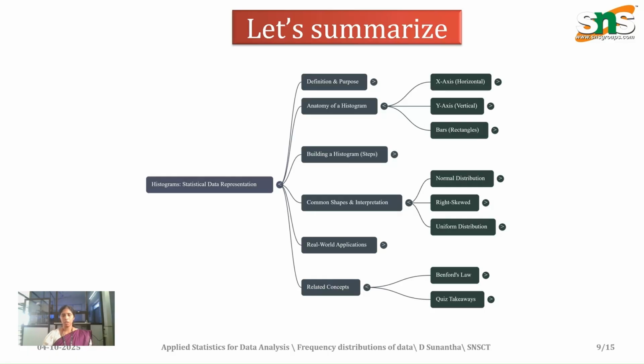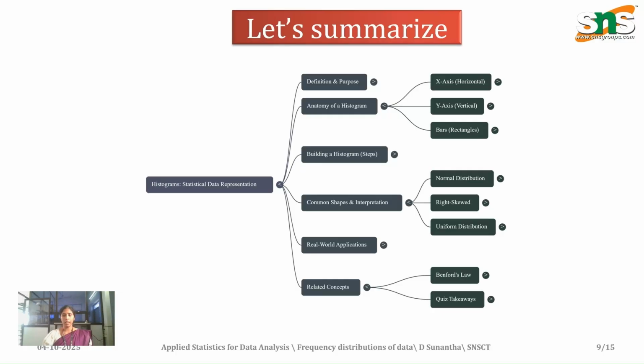Next, building a histogram, we have seen the steps to identify things and plot as such. Next, the common shapes and interpretation: mostly normal distribution, right skewed, and uniform distributions. Next are the real world applications. We have seen medicine, education, economics, and so on.